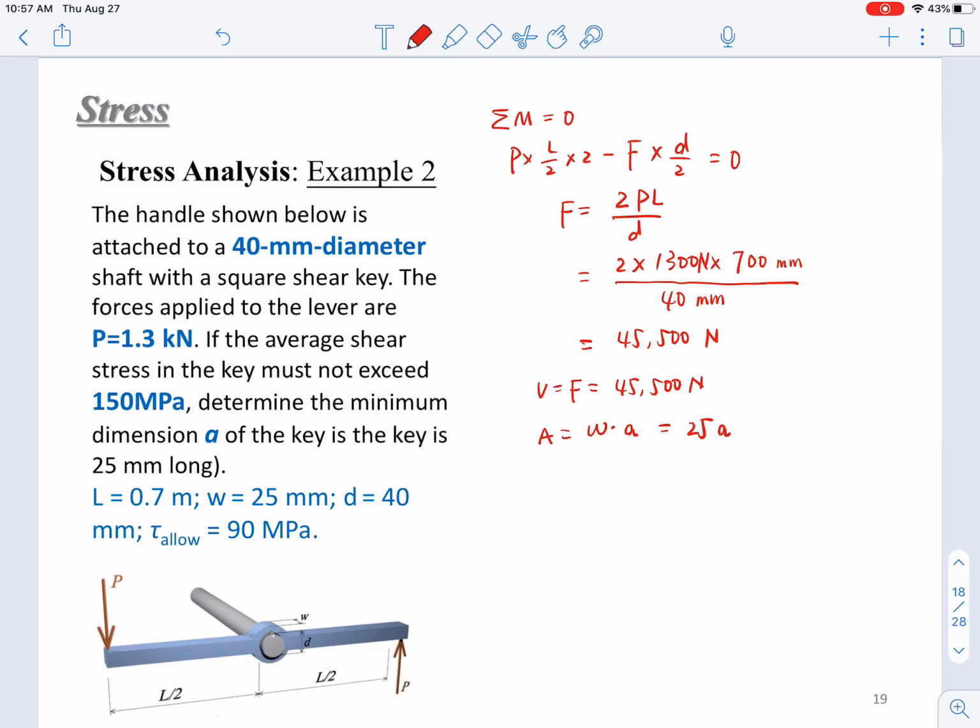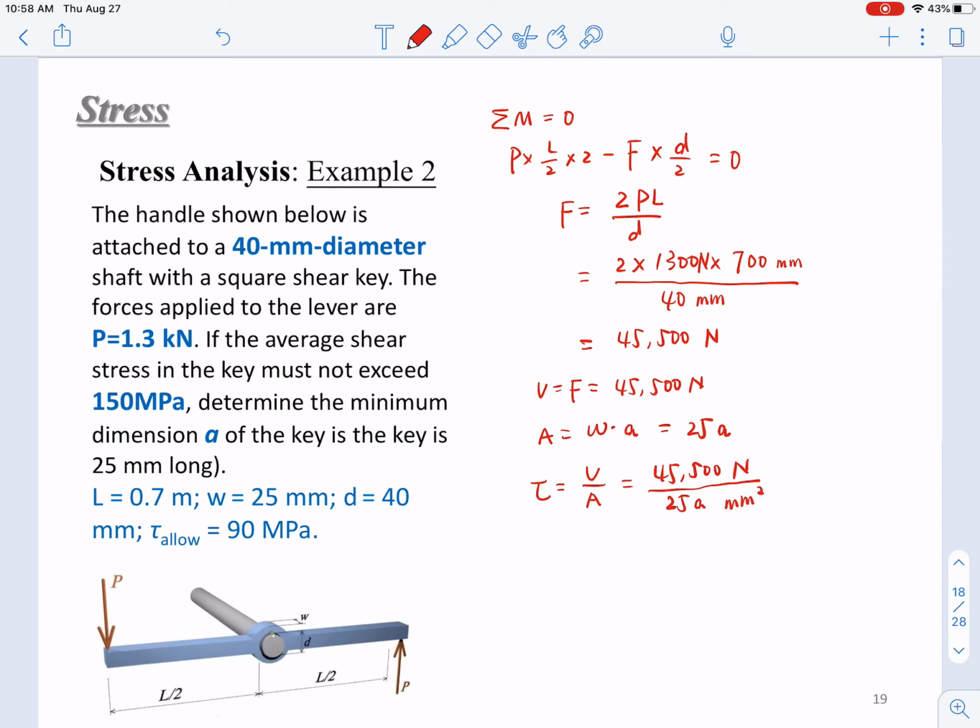Our tau can be calculated as V over A, and that is 45,500 Newton over 25A square millimeter.